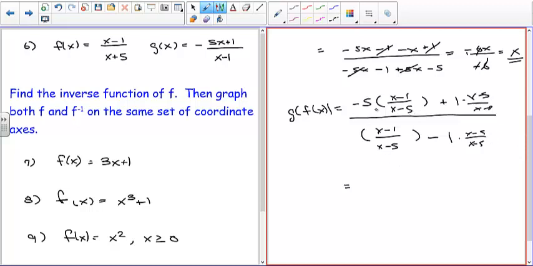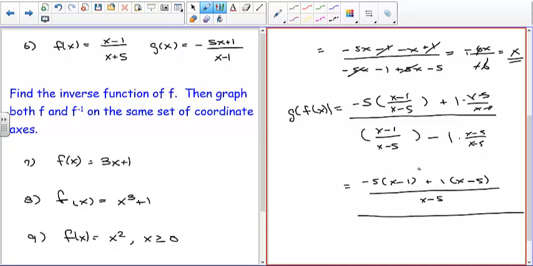So what you'll end up with in the numerator is negative 5 times x minus 1, and you'll have plus 1 times x minus 5, all divided by x minus 5, and then the denominator, you're going to end up with x minus 1 minus x minus 5 divided by x minus 5.